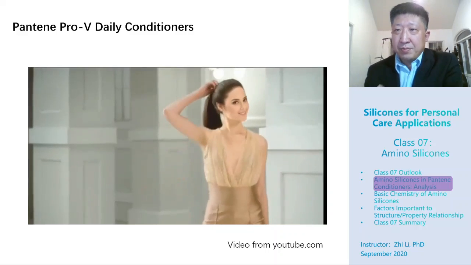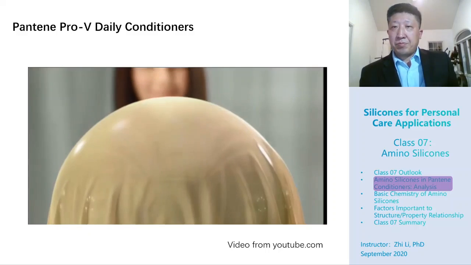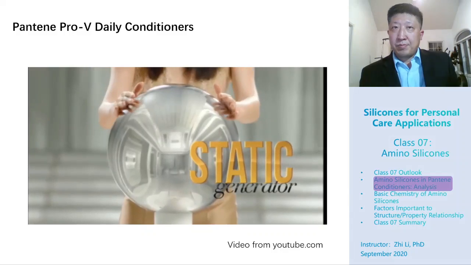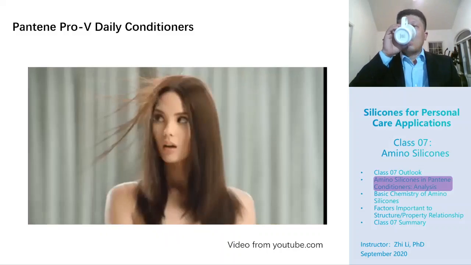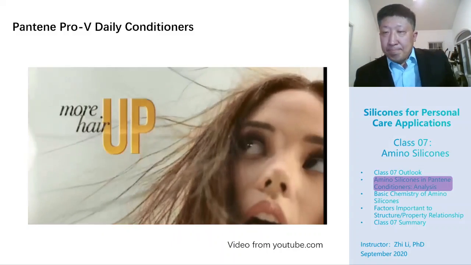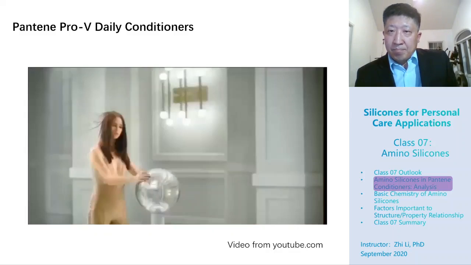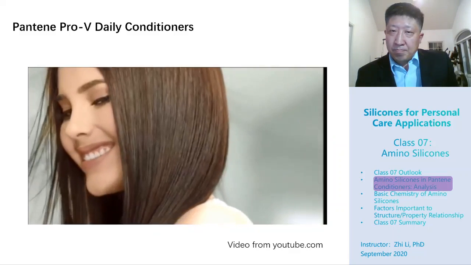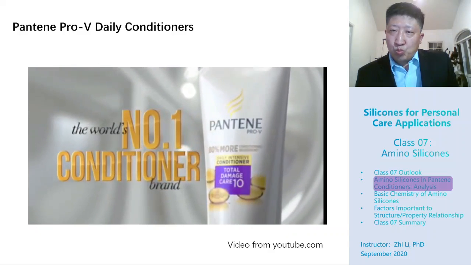What you're about to see is not a trick, just pure science. Meet the static generator. It can show hair damage. The more hair standing up, the more damaged it is. The less hair standing up, the less damaged it is. And why is this side not standing up? Because of the world's #1 conditioner brand, Pantene.